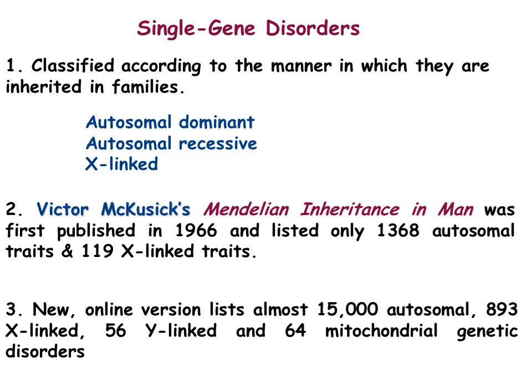Well, on his new online version, there are almost 15,000 autosomal, 893 X-linked, 56 Y-linked, and 64 mitochondrial genetic disorders that have been identified and characterized enough to be included.